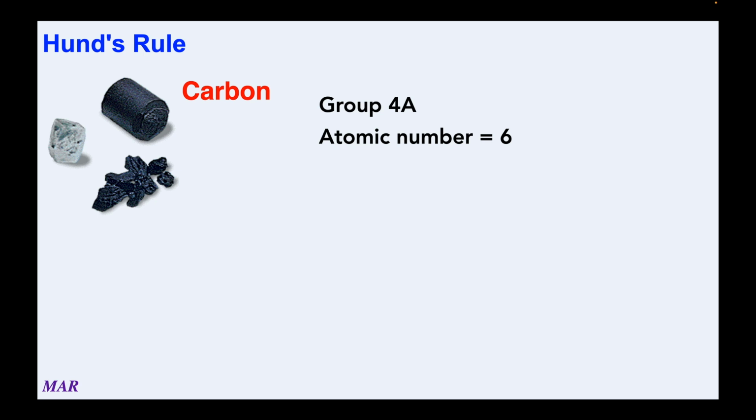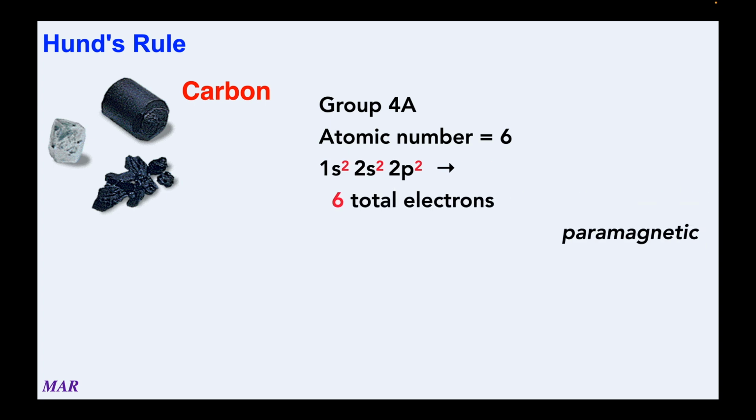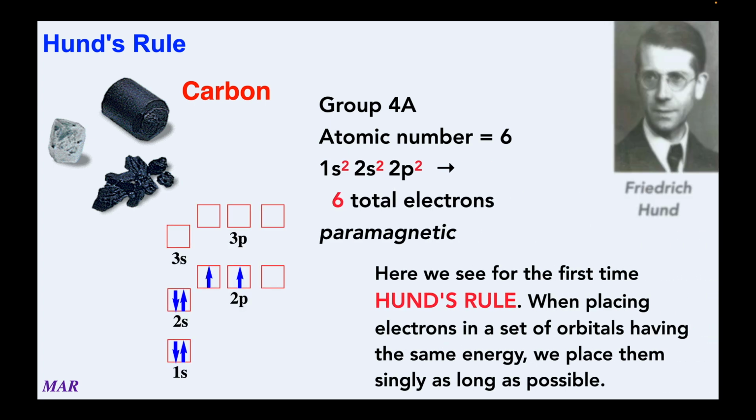Now, when you get to carbon, something special happens, and I want to talk about it. It has 1 more electron than boron, so it has 6 total electrons. It's going to be 1s2, 2s2, 2p2, but you have a choice where the 6th electron goes, because you could put it in the same box as the 2p1, so you'd have an up and a down together.